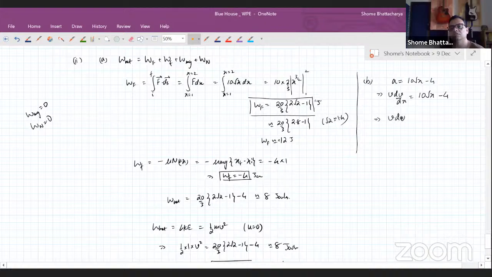So v dv, now integrate this from 0 to v, and integrate this from x equal to 1 to x equal to 2. So you'll get the same thing. v square by 2 will become 10 into 2 by 3 x to the power 3 by 2 minus 4x.